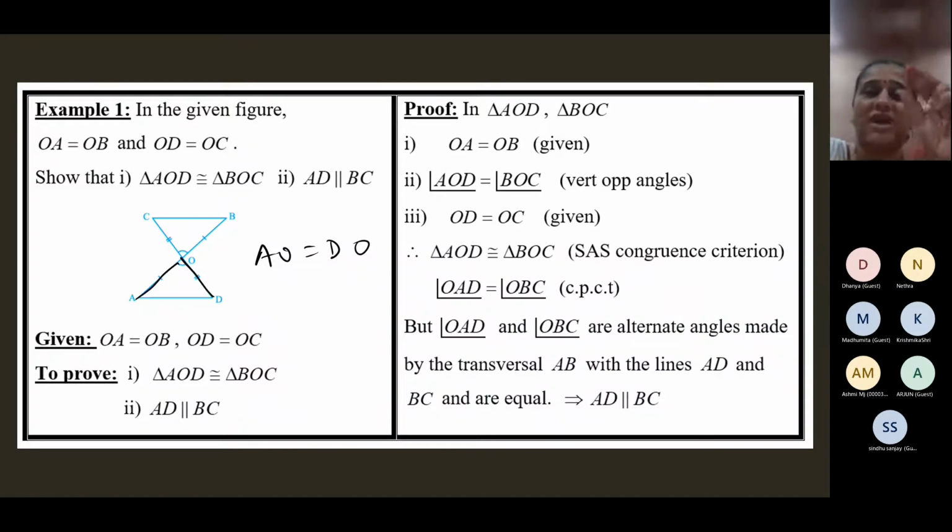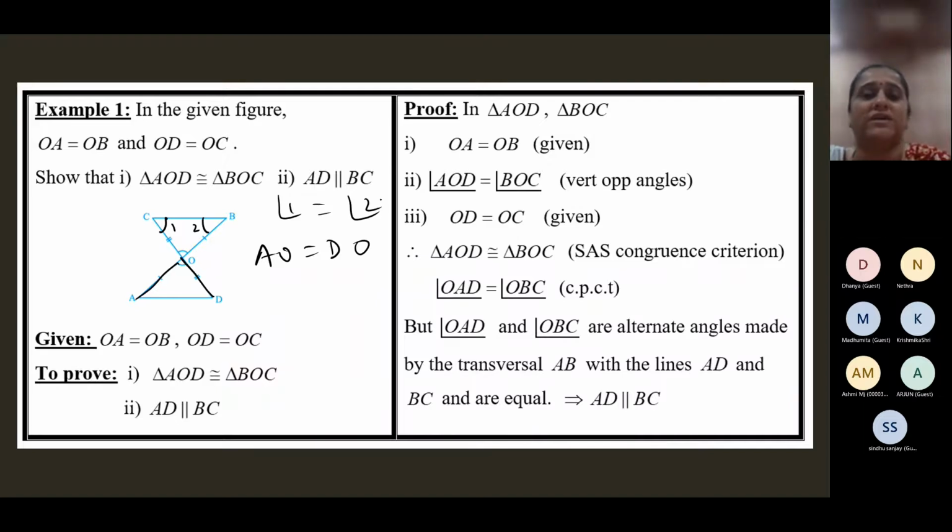It should be side of the first triangle equal to the side of the second triangle, one angle of the first triangle equal to an angle of the second triangle. So supposing these two angles are equal, and these two angles are of the same triangle BOC, you cannot write angle 1 is equal to angle 2.